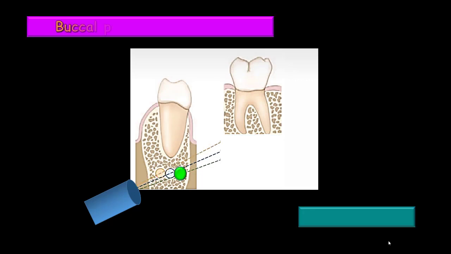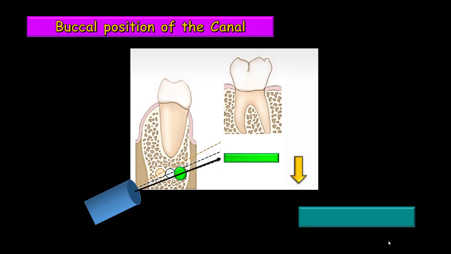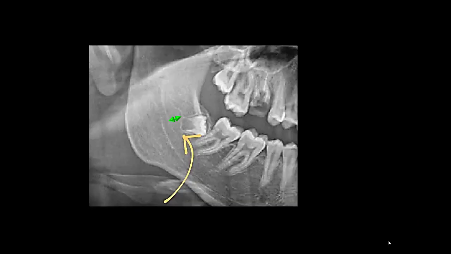If the inferior alveolar canal is on the buccal side, its image is going to be lower and farther from the apex of the tooth than its real position. So because of the negative X-ray angle in the panoramic radiography, the vertical positions of the anatomical structures are affected.